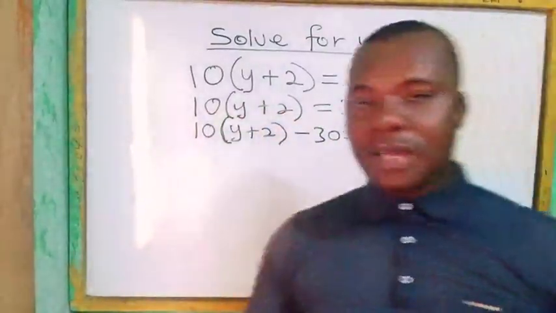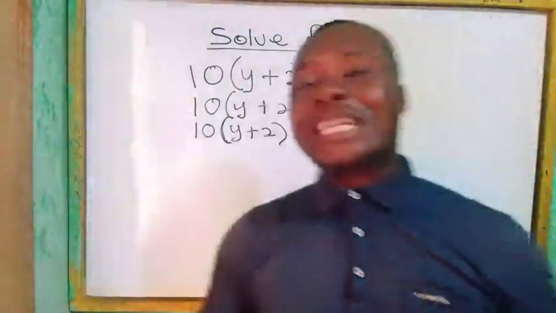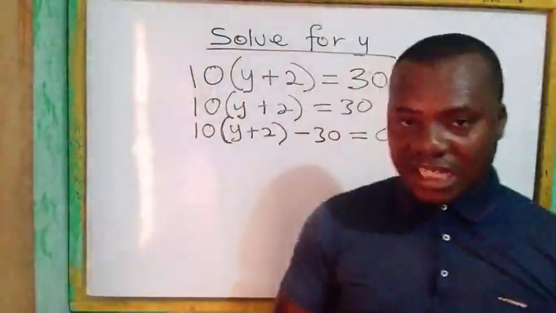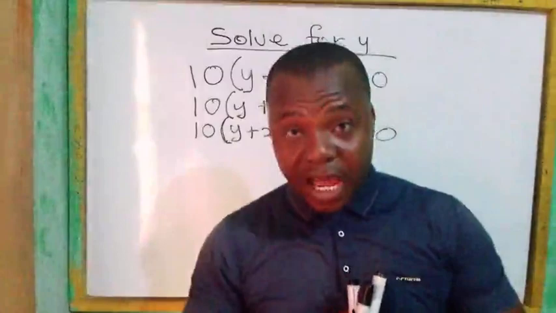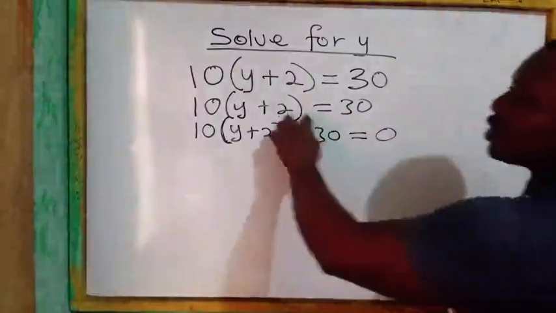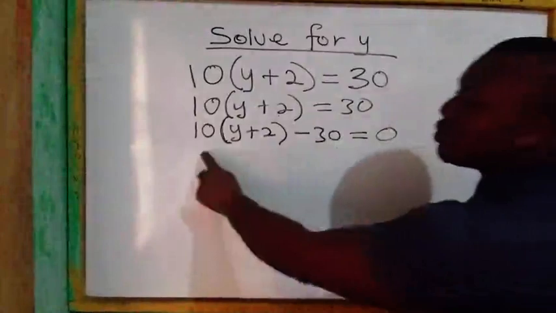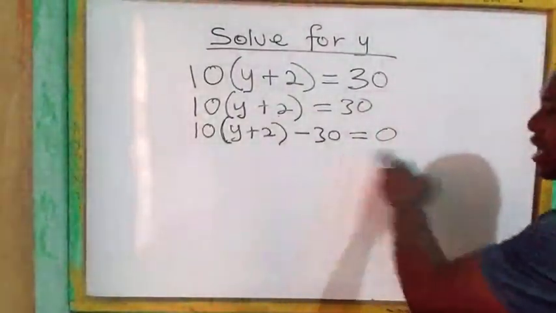So what is the number? This 30, the total amount, must go and subtract from this so that you can get 0.